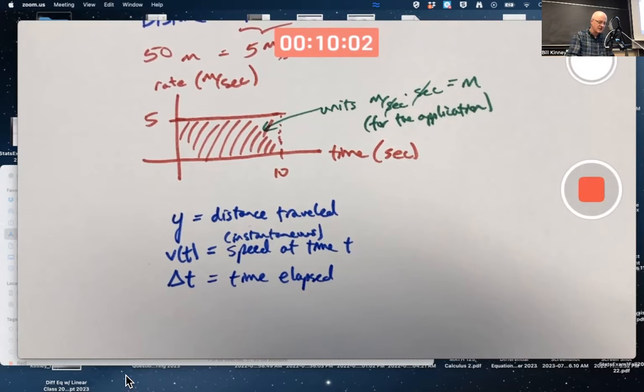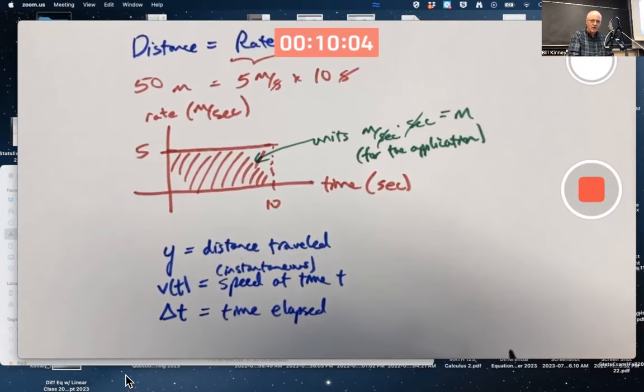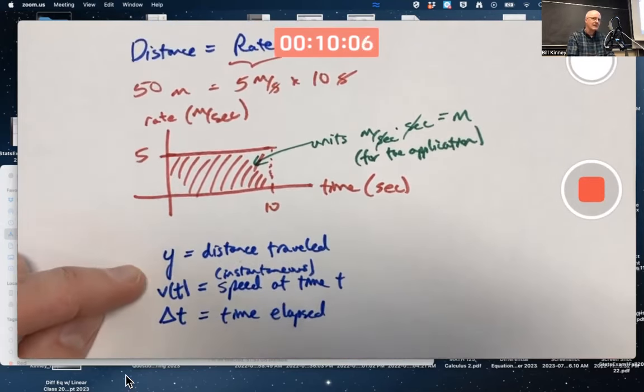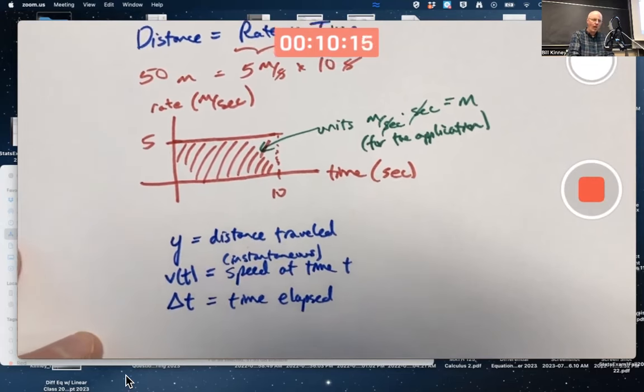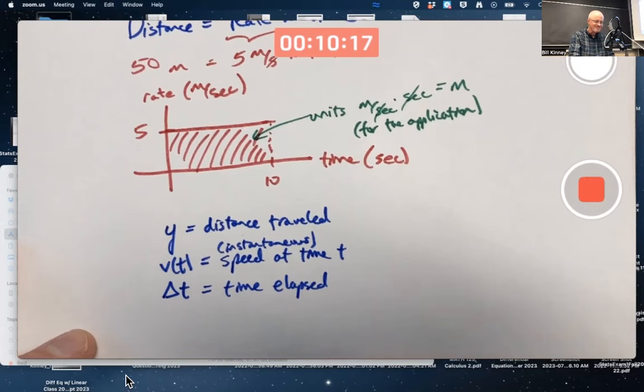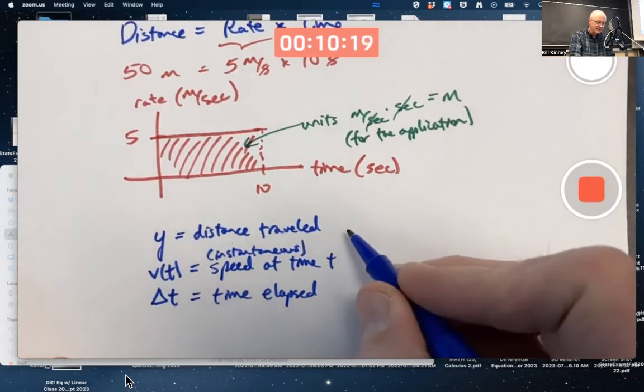With this notation, we could write y, well, if it was a constant speed, we could say equals v of t times delta t. But okay, maybe I also want to do something else.